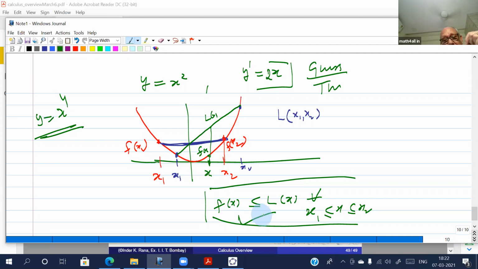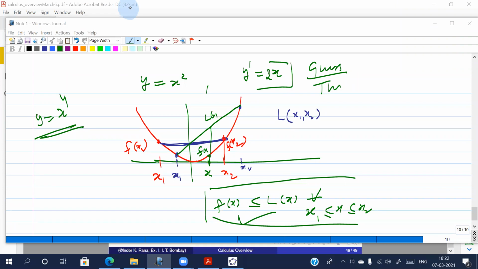Convexity and concavity are global properties, on an interval. This is how necessary conditions are obtained. If a function is convex and the derivative exists, then it should be bigger than 0.